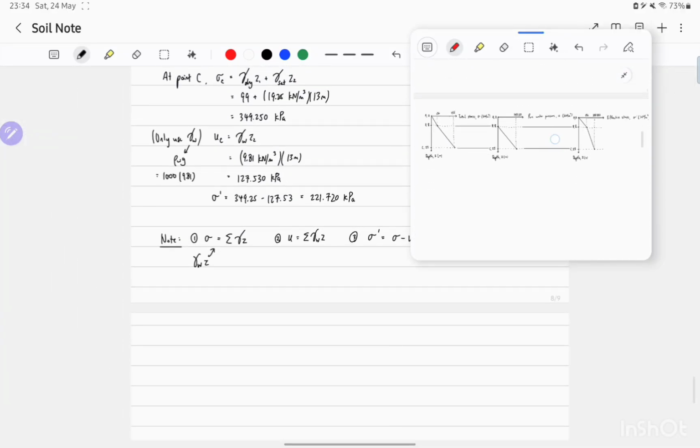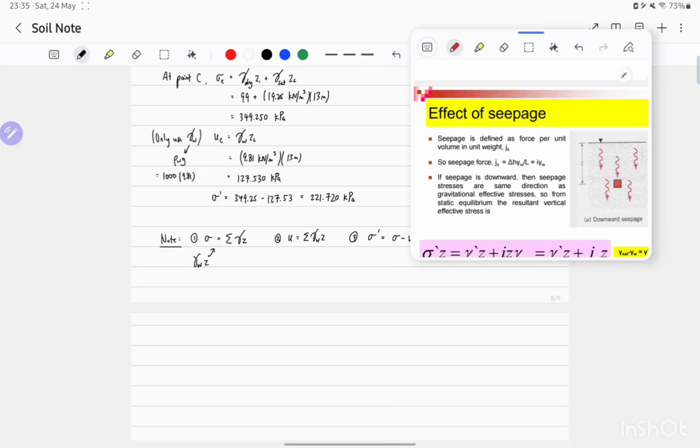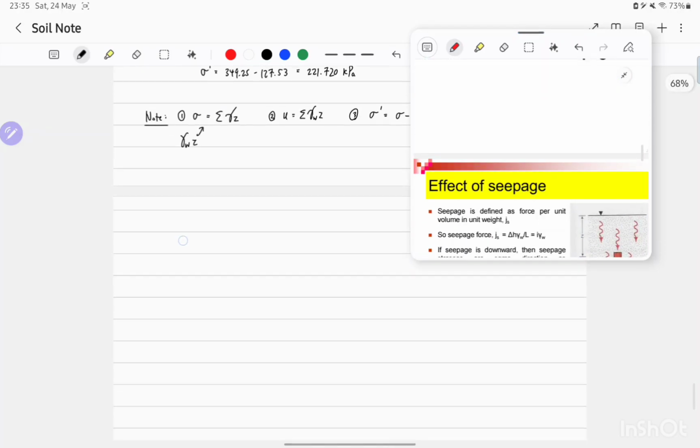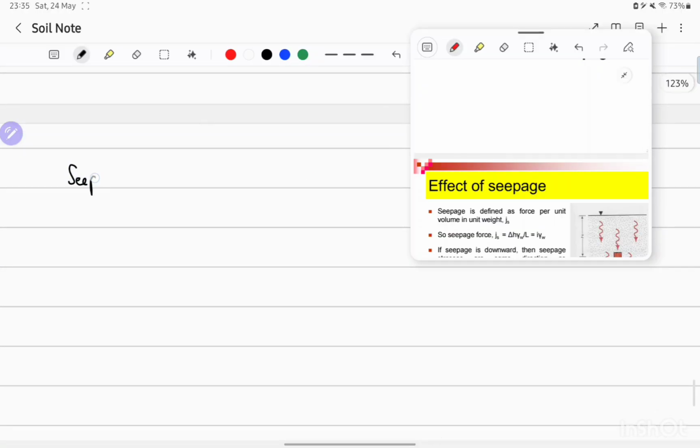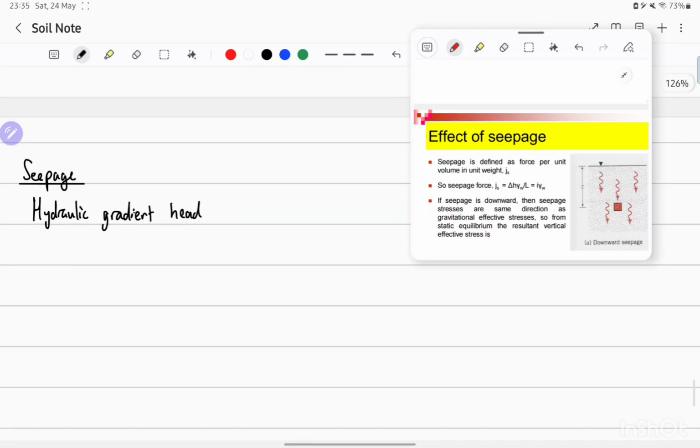Now let's go to seepage. So for seepage, we need to identify the hydraulic gradient.